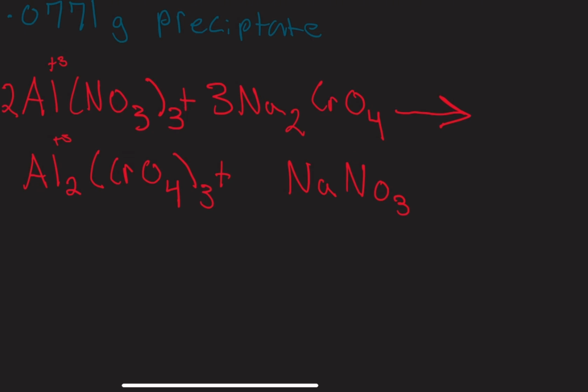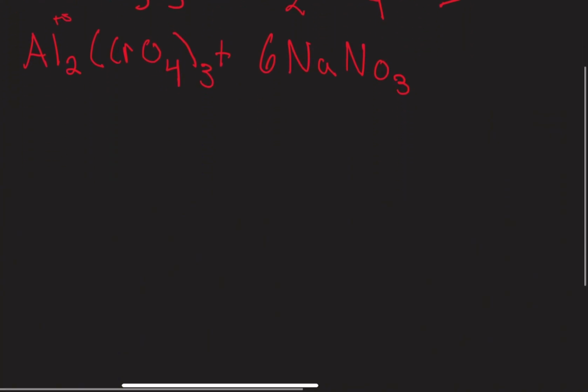We have 6 Na on the left side, so we just write the 6 in front here because we also have 6 NO3.